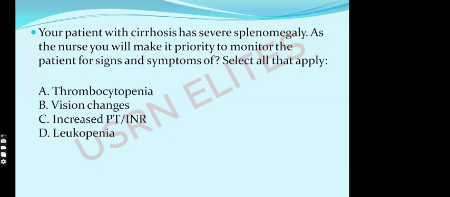If your normal PT should be 12 seconds, and you are clotting at 20 seconds, it means your clotting is delayed, and that means that you are bleeding a lot. So it's the same as what you just said.